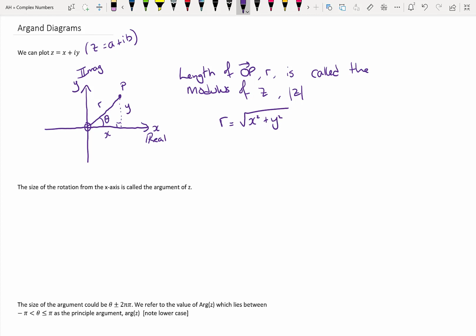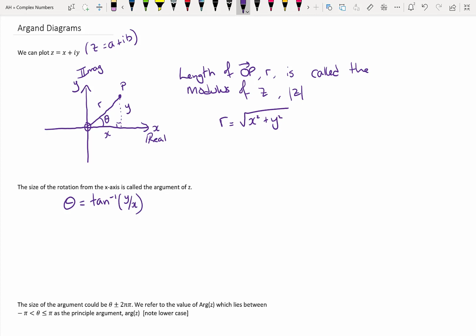Other things we can work out: we can work out the size of the rotation from the x-axis. It's called the argument of z, essentially the angle. So my angle theta is equal to the inverse tan of y over x, and hopefully that's not anything too shocking because that should just follow your SOHCAHTOA stuff from National 4.